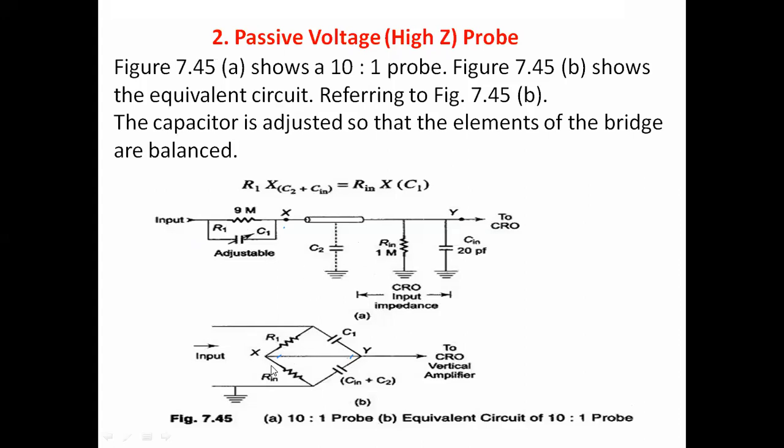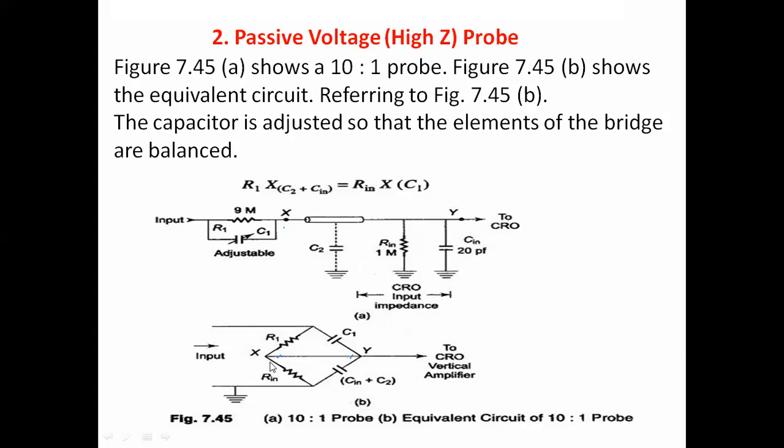So these are when X and Y are equipotential. Equipotential means these two terminals are equal. In such a situation, the voltage drop across Rin is measured with respect to ground.